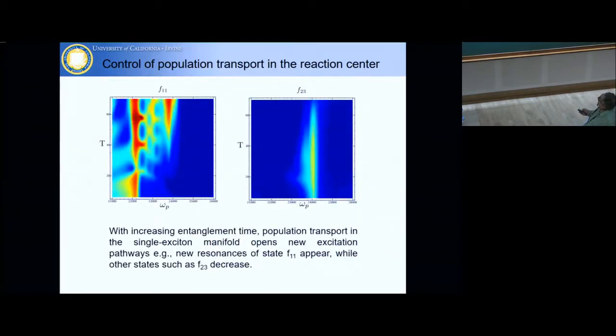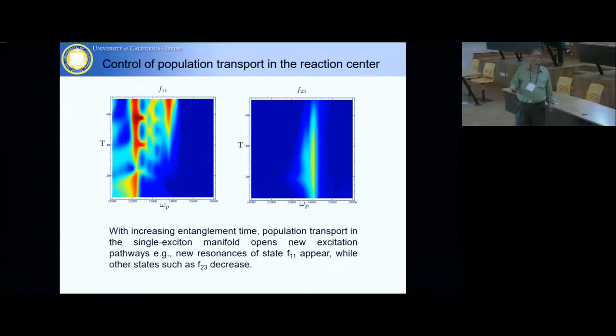So this is just another way to visualize this. This is F11 as a function of the entanglement time and the pump frequency. You see that you get an increase of the F11 with the larger entanglement time.